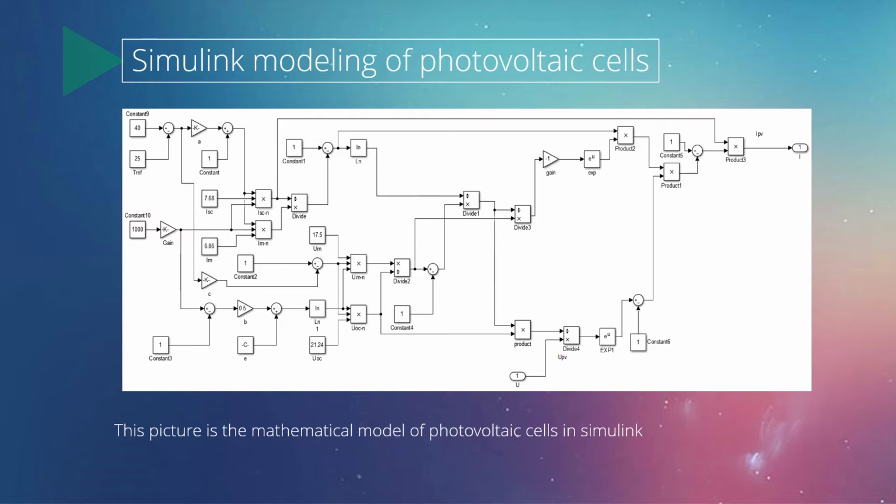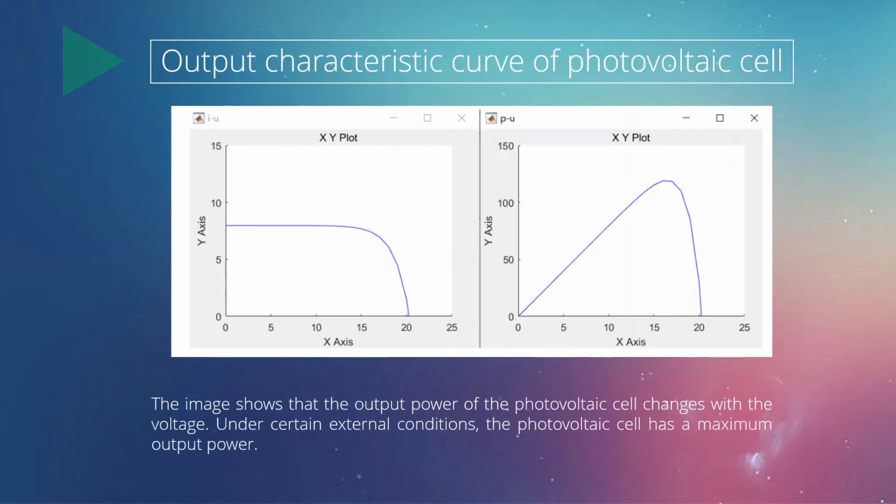We can get the output curve of the photovoltaic cell through simulation operations. The image shows that the output power of the photovoltaic cell changes with the voltage under certain external conditions. The photovoltaic cell has the maximum output power.